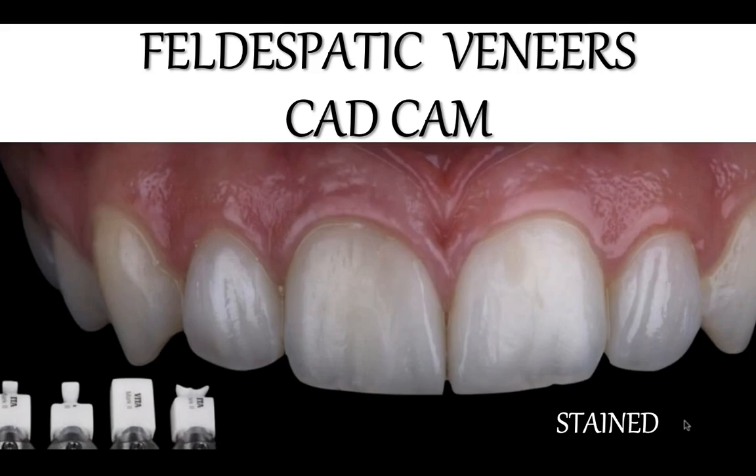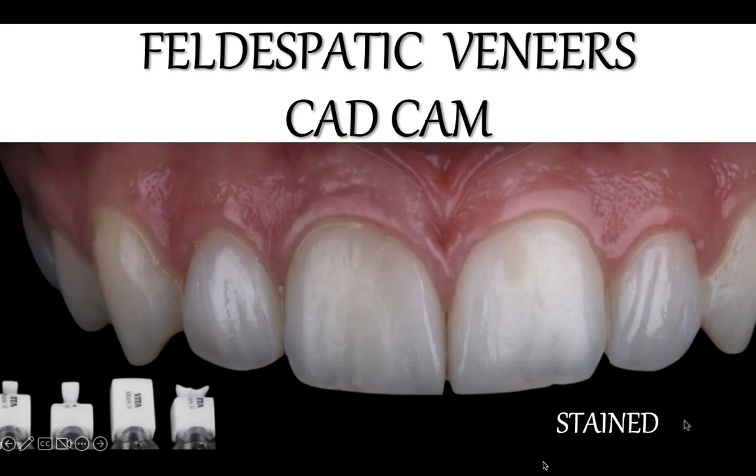They are not adding a feldspathic pressed porcelain, but they are going to have staining. And by staining, you can actually do translucencies, radiopacities, and a little bit of different layering in colors.